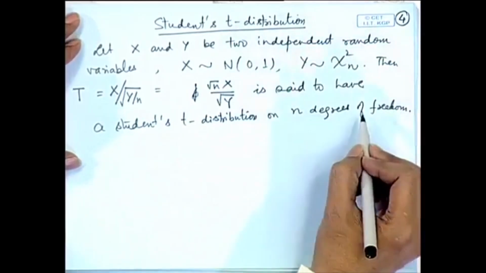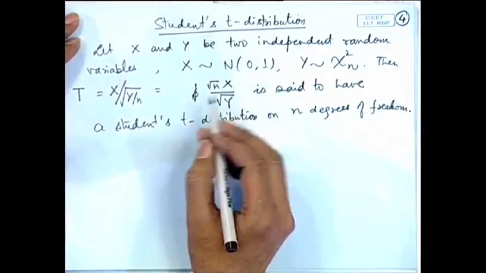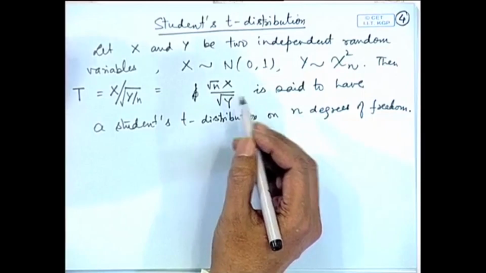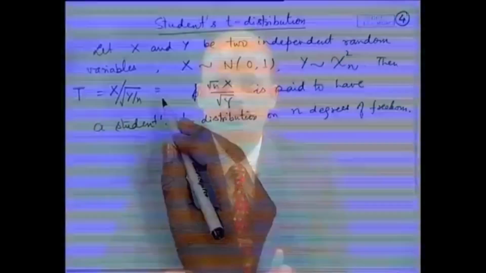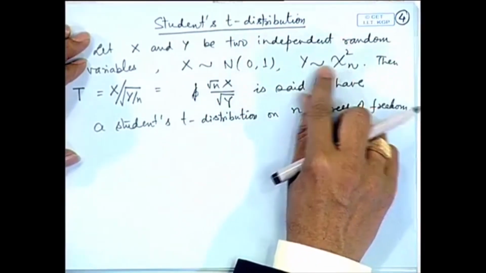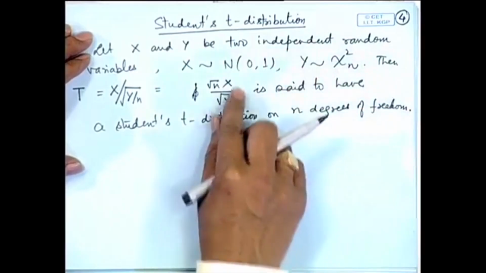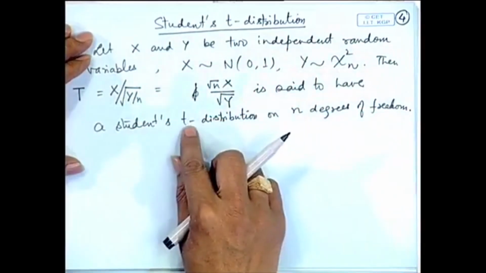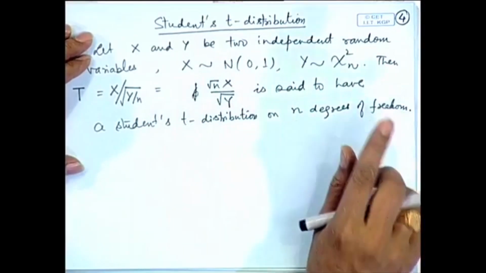Now, this degrees of freedom terminology is coming from the chi-square distribution, where we express the meaning of the term degrees of freedom. A chi-square distribution on n degrees of freedom was represented as the sum of squares of n independent standard normal random variables. So, in the definition of T distribution, I am using the degrees of freedom of chi square, and therefore, this T distribution is said to be on n degrees of freedom.